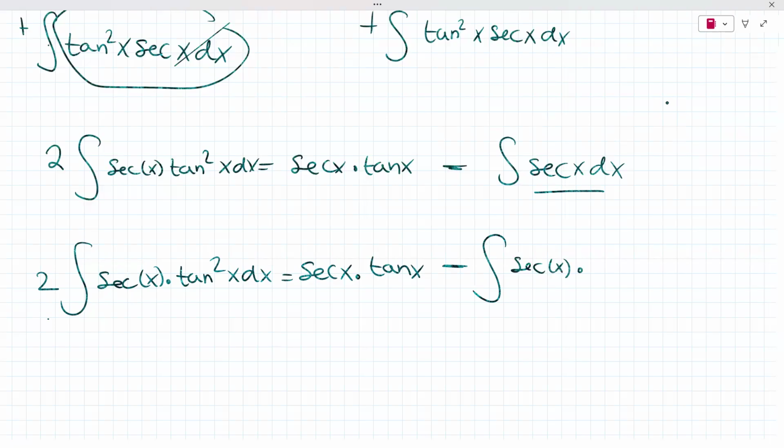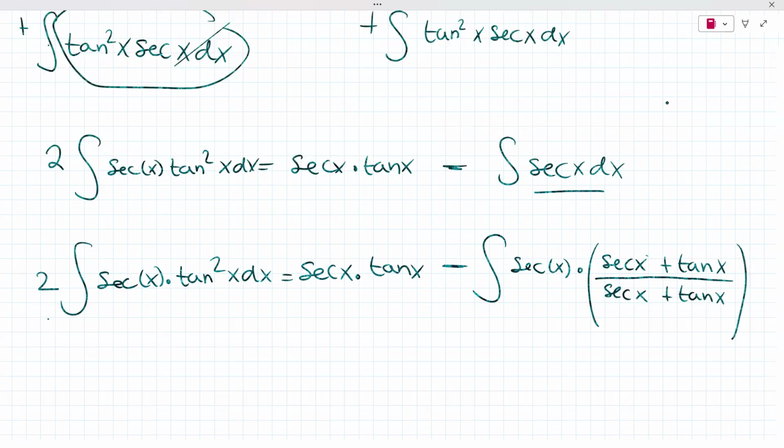So I'm going to multiply this by secant of x plus tan of x over secant of x plus tan of x, right? That's what I'm going to do.